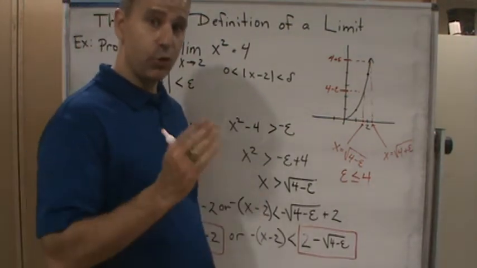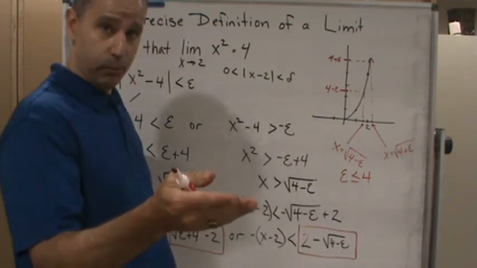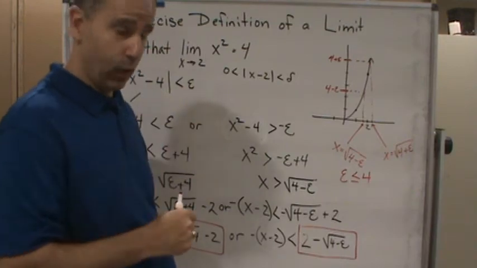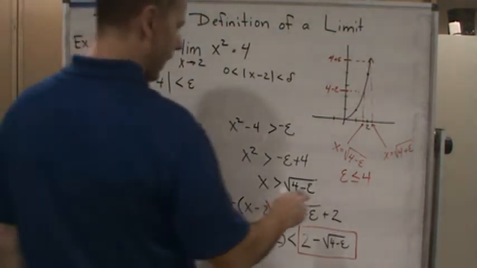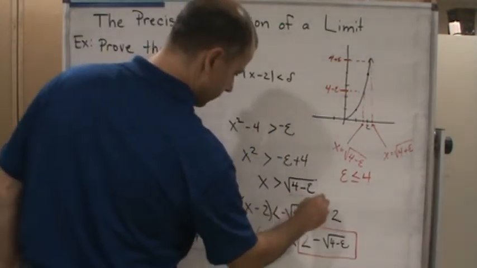But realize that you never want to put a lower bound on epsilon other than 0, right? Because it has to be greater than 0. So just realize that. So here, we want epsilon to be less than or equal to 4 based on this.